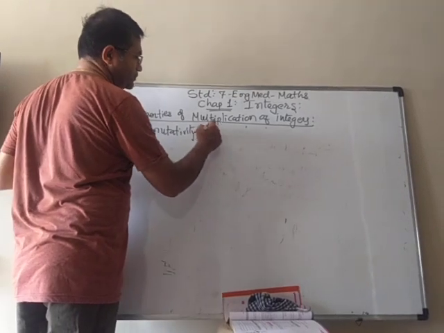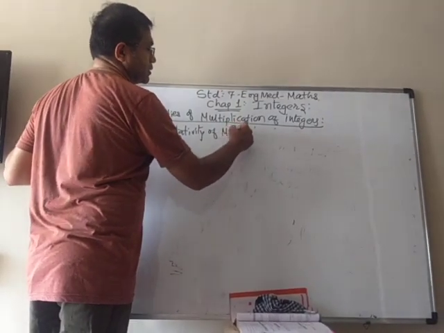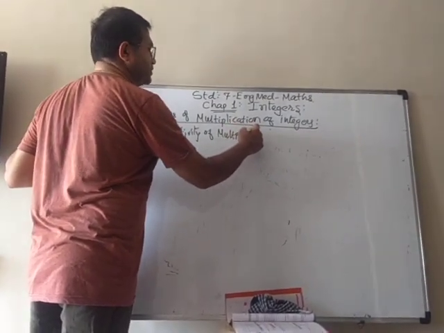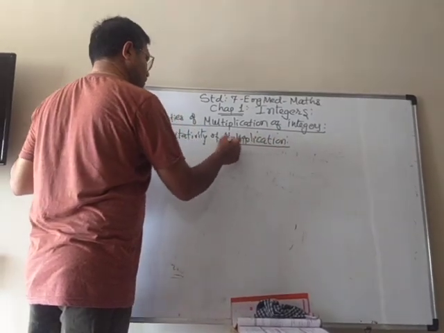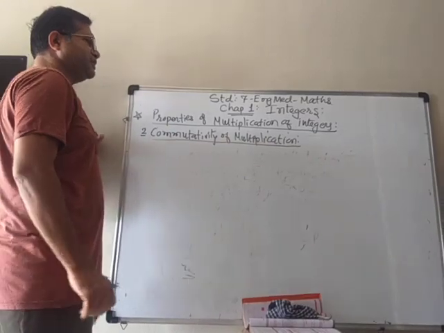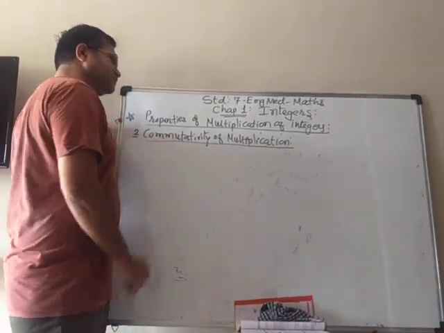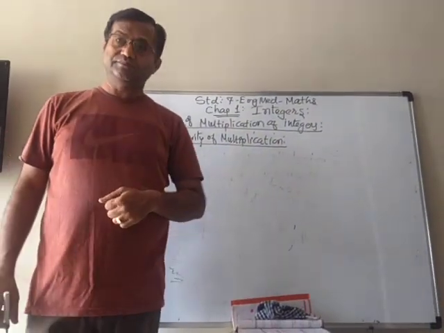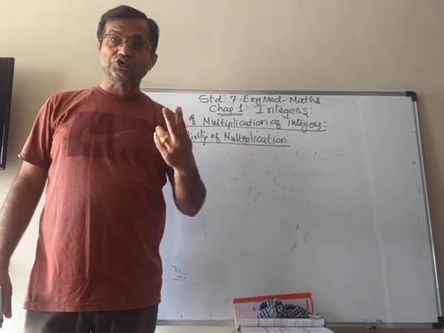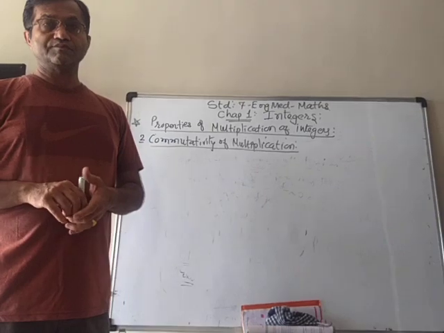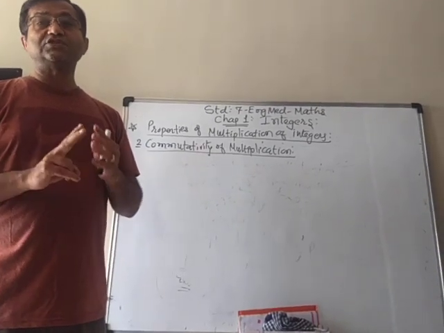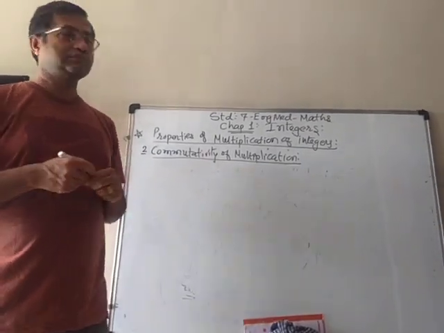Commutativity means that when we multiply two integers, the order is not important.